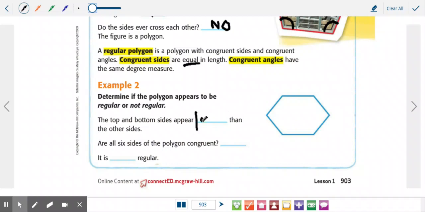Okay, so if it appears longer to me, then I'm going to go with they're not congruent. Okay, but let's answer the other questions first. So, are all 6 sides of the polygon congruent? No. So it's not going to be a regular. So it is not a regular polygon.